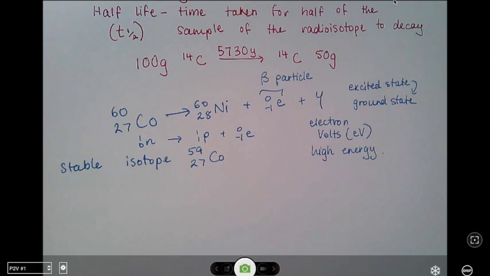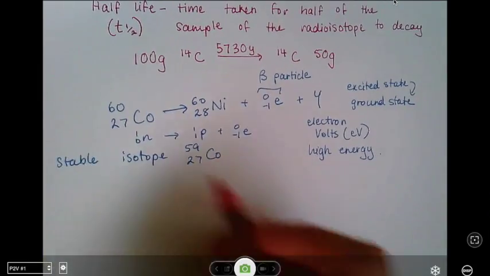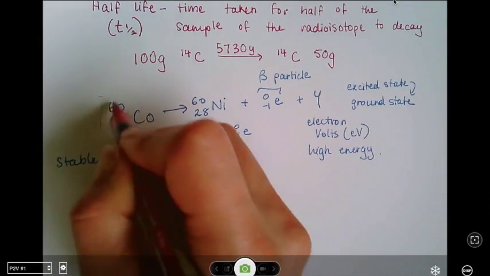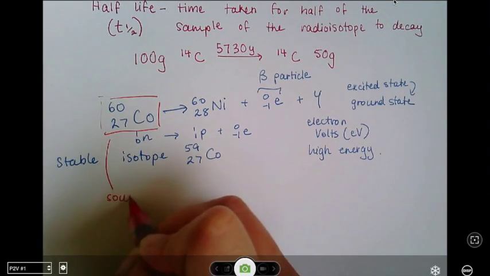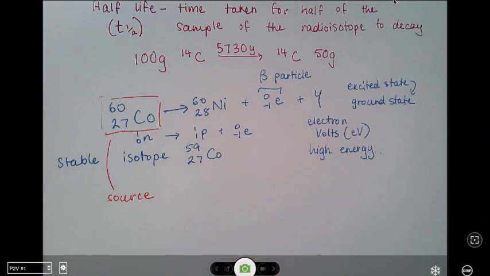Now, cobalt-60 is really handy, okay? Because it emits the gamma, we would call that the source. So any particular radioisotope, we call it a source of radioactivity, okay?